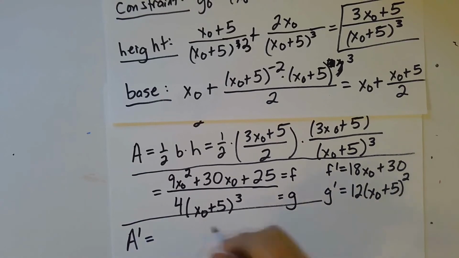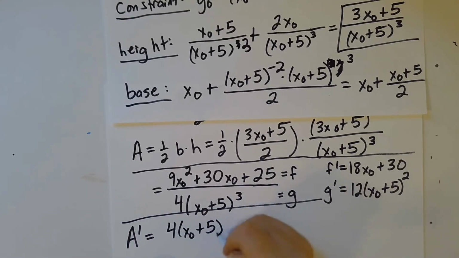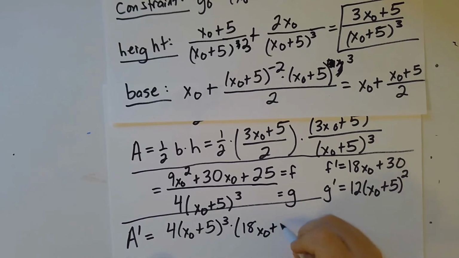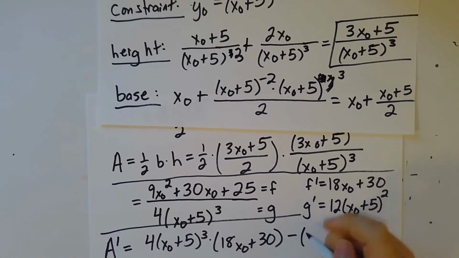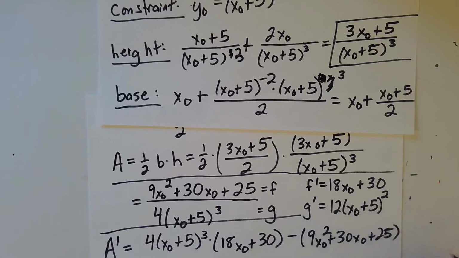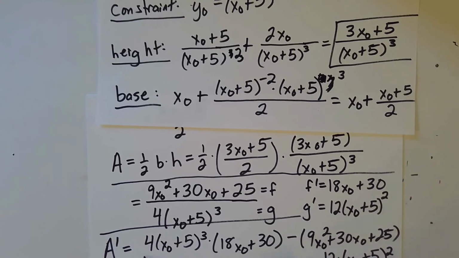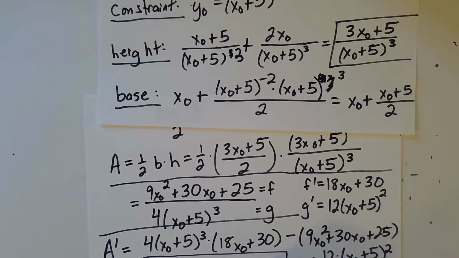So my A prime here is f prime g, so that is 4 times (x naught plus 5) cubed times 18x naught plus 30, minus f g prime, so minus (9x naught squared plus 30x naught plus 25) times 12 times (x naught plus 5) squared, all divided by g squared, so that is by 16 times (x naught plus 5) to the 6th.